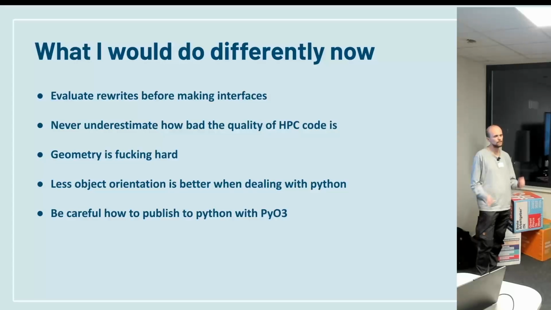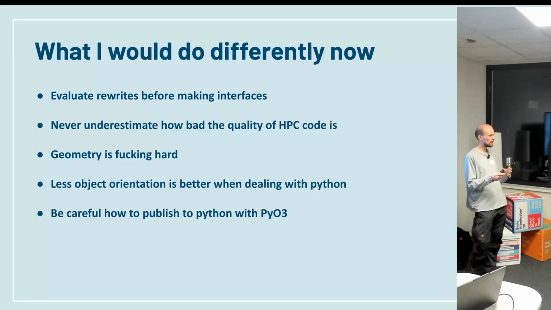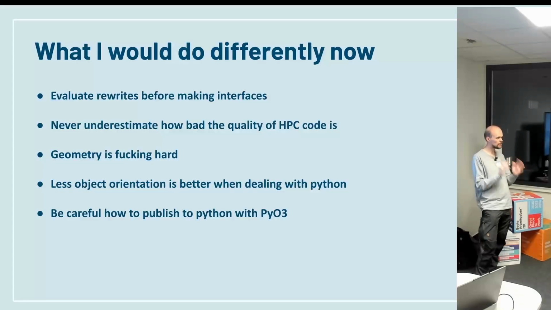So for working with Python, it's actually pretty surprising to me. I would have always thought, okay, Python is object-oriented as hell. I don't know anything which is more object-oriented than Python. So I should have a very object-oriented internal structure to serve that. Actually, the opposite is true.